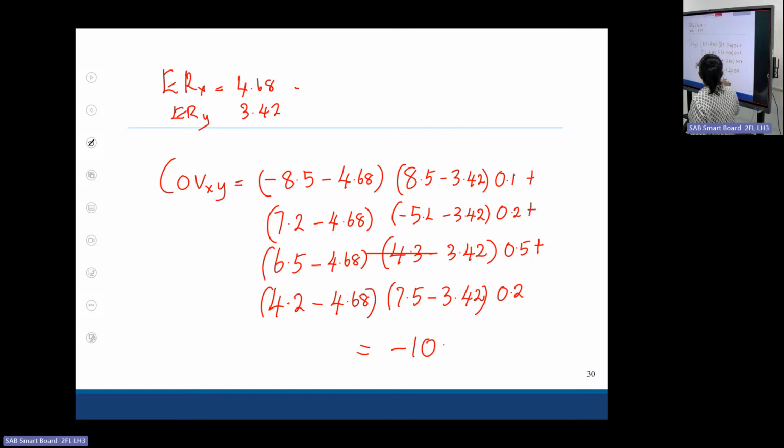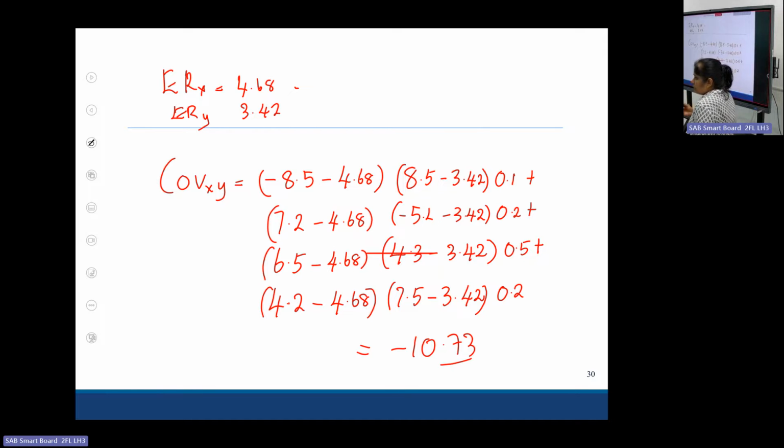Minus 10.73. How to interpret this? It is negative. How do we interpret it? What is the meaning of that?